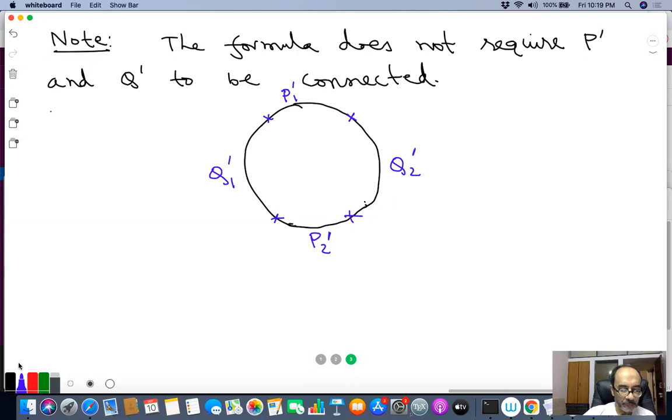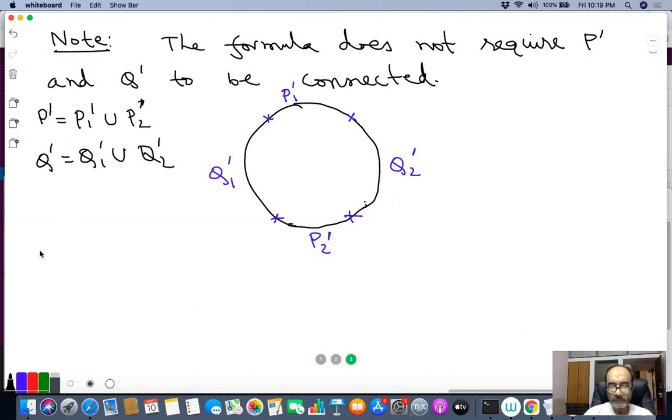So P prime is P1 prime union P2 prime, and Q prime is Q1 prime union Q2 prime. Now consider any cut in this geometry whose boundaries coincide with the boundary of P prime. The boundary of P prime here is a union of 4 points, the boundary of P1 prime and the boundary of P2 prime. So the cut can be like this.